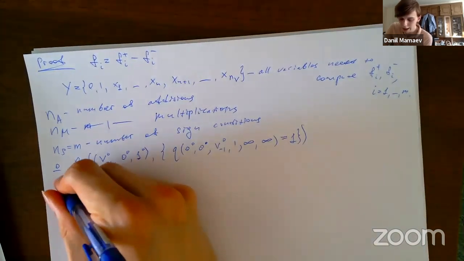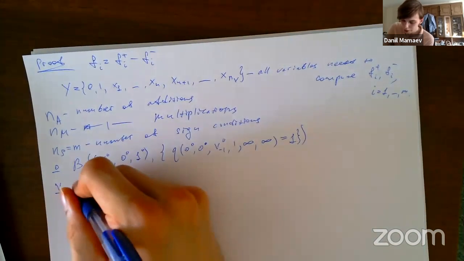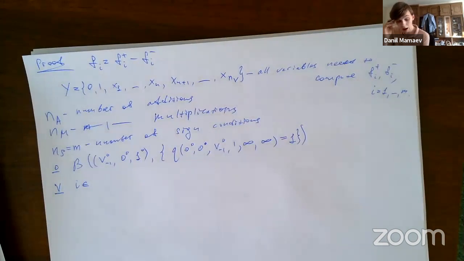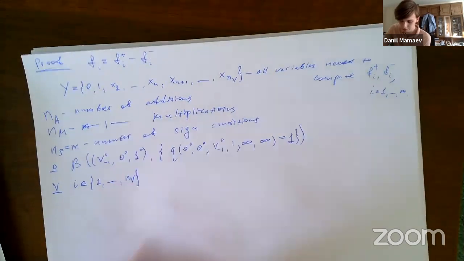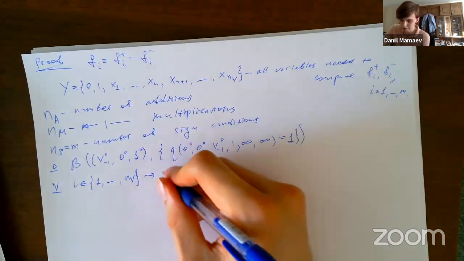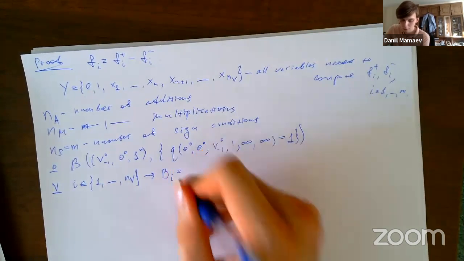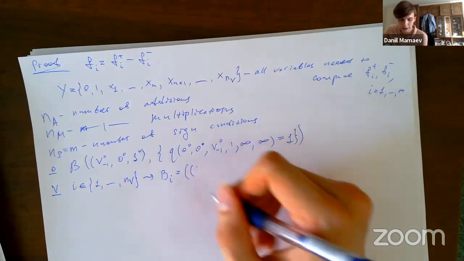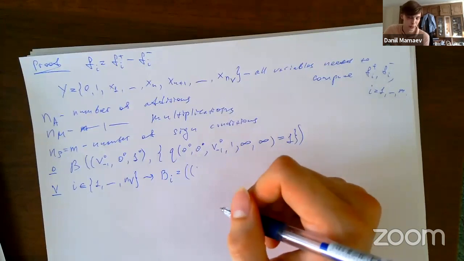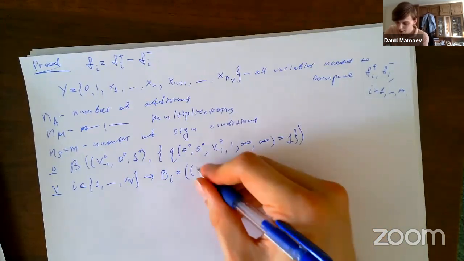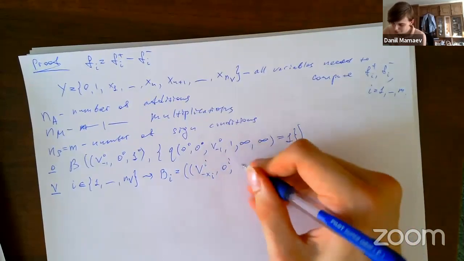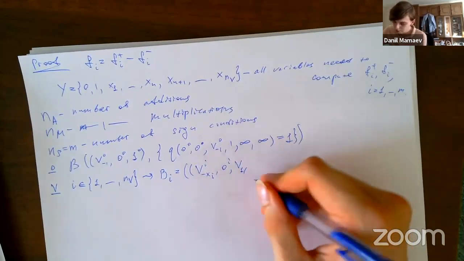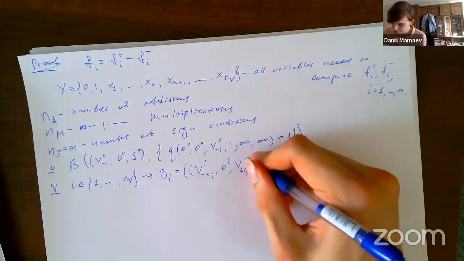Then, for any variable, we introduce its own cluster. What is this cluster? It says that we have this variable, and also minus this variable, and 1 over this variable. And these v's are new variables.